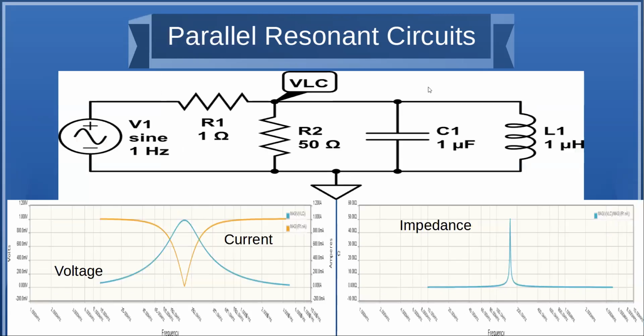This is a parallel circuit where the inductor and capacitor are in parallel instead of series. Here we have the voltage across this combination, and it starts out at basically 0 or almost, and goes up to its maximum value where it's equal to the input voltage. The current goes to 0 where it's resonant.